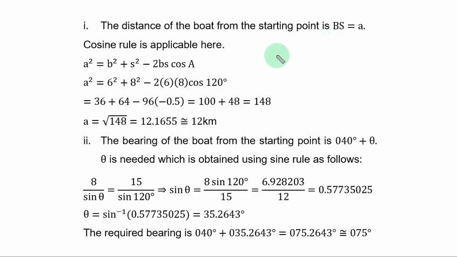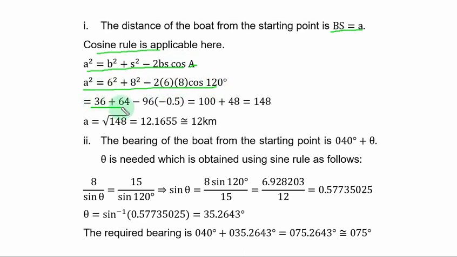Roman figure 1: the distance of the boat from the starting point is BS, denoted by A. The cosine rule is applicable. This is the rule stated. You replace B and S with what they stand for, and angle A is 120. You have it in this form.